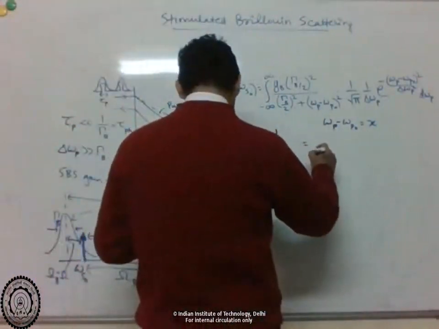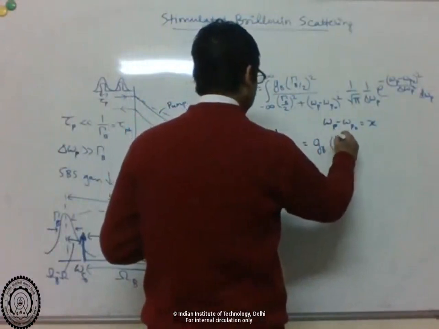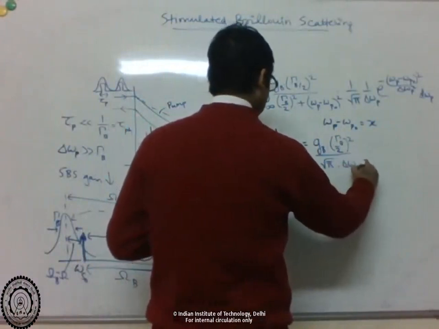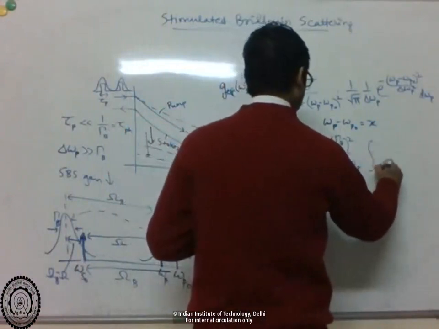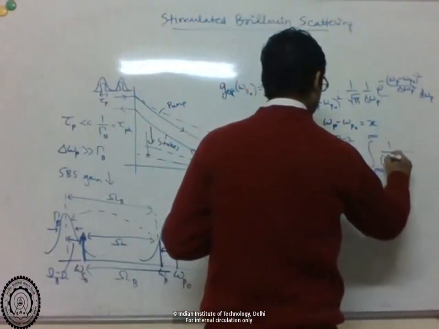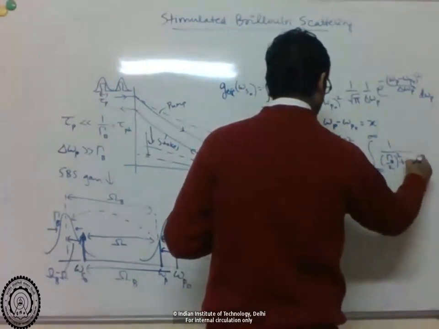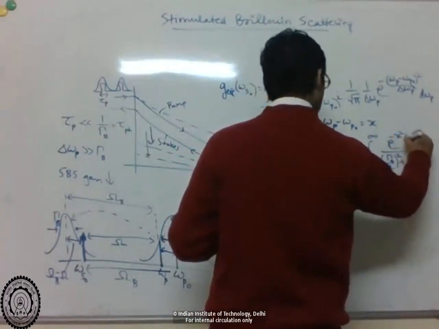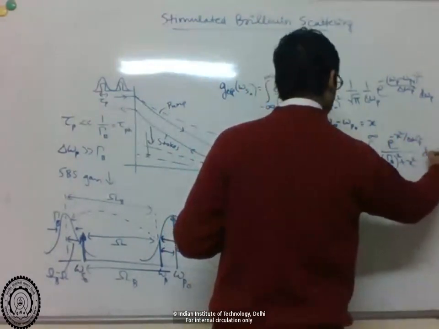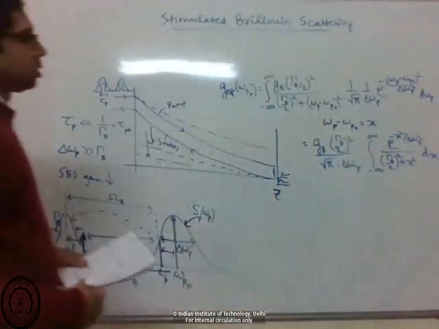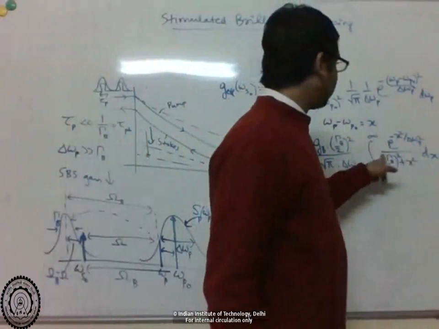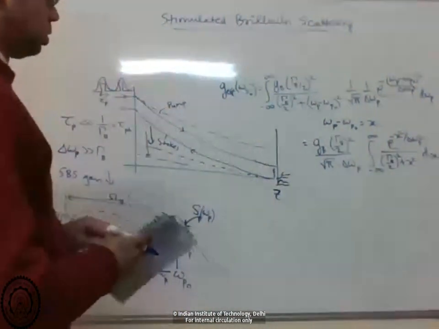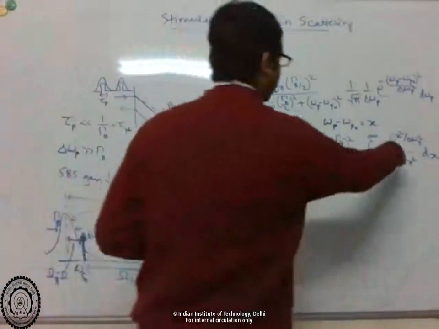So this integral just reduces to an integral of a Gaussian function multiplied by a Lorentzian function. This integral is actually well known.